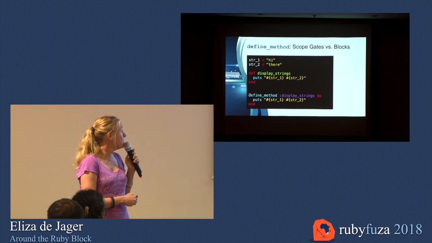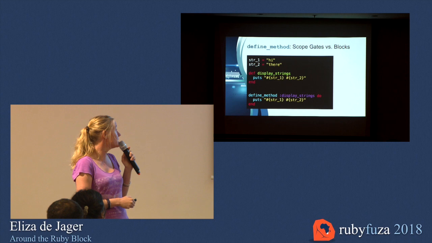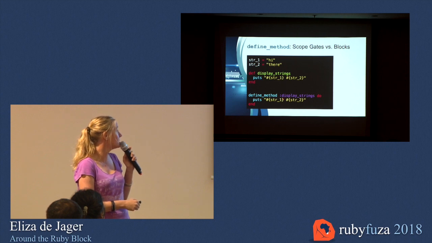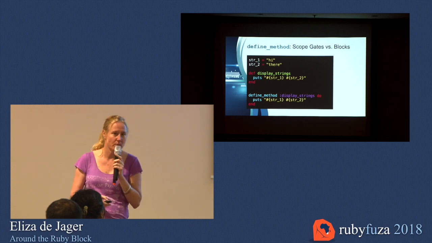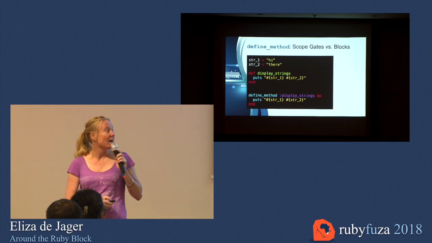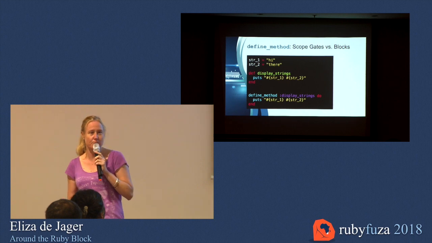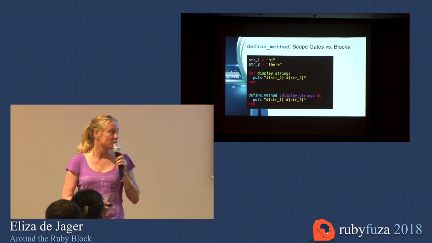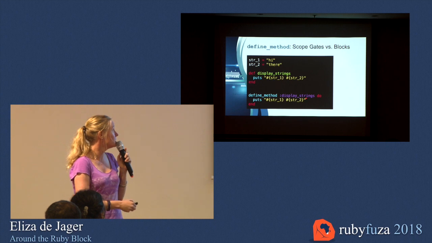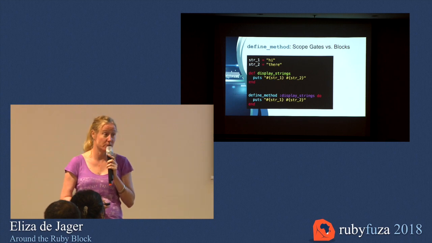But you'll notice define method actually takes a block. What it does is it creates this display strings method to execute the block code every time you call it. And we know that a block has access to the local variables in the surrounding scope via its environment pointer, and that explains why defining display strings in this way works.